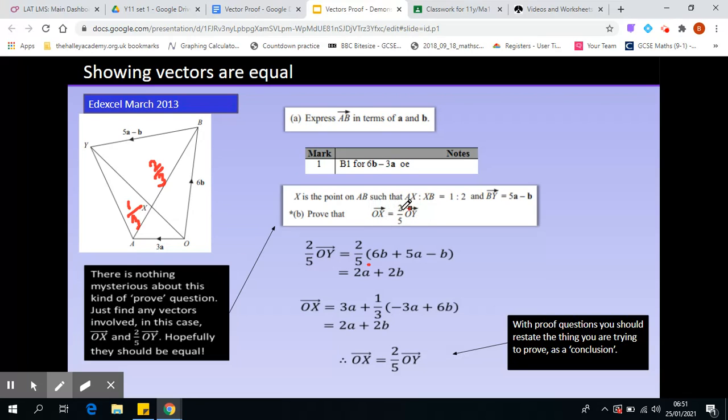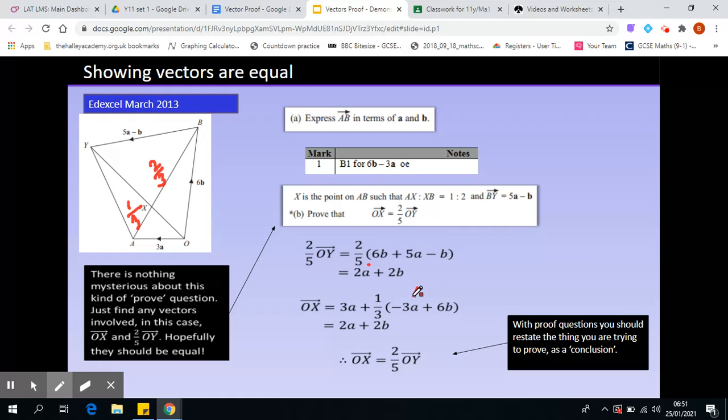We calculated what's 2/5 of OY. We're trying to find out what OX would be. We could follow O to B and then B to X, or O to A plus A to X. I'm going to use this route, O to A plus A to X. OA is 3a plus, we know AX is 1/3 of AB, which is minus 3a plus 6b.